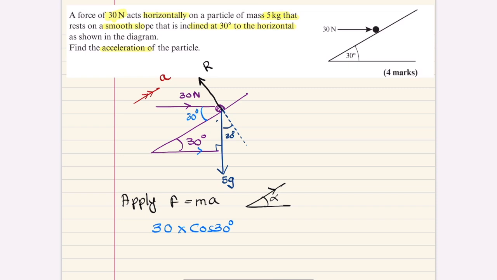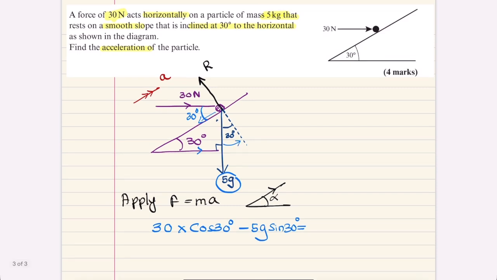Then what are the other forces that we have? We have 5g, which is the weight of the object, but it has a negative effect to the direction that we consider. So it will be minus 5g. When you resolve this 5g along the plane, it will be acting in this direction, so it will be 5g sine 30, because if we are going through the angle it will be cos, and if we are going away from the angle it will be sine.